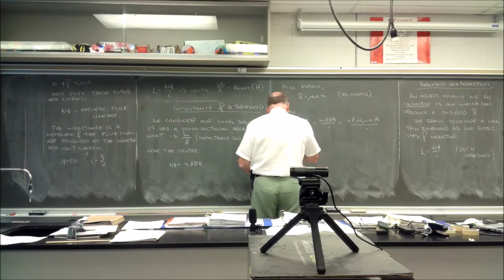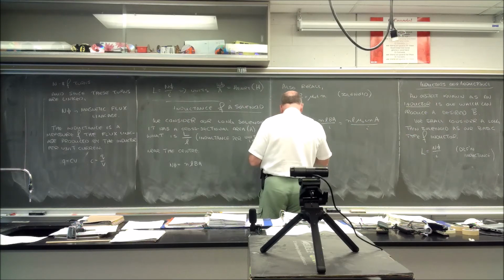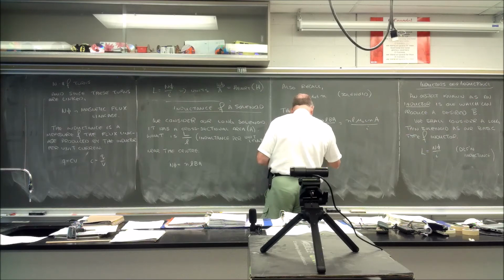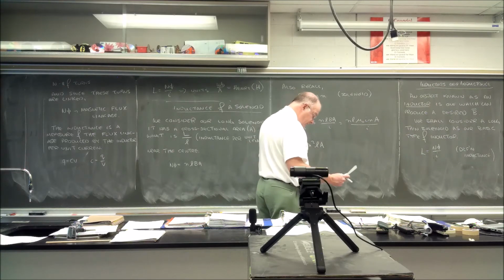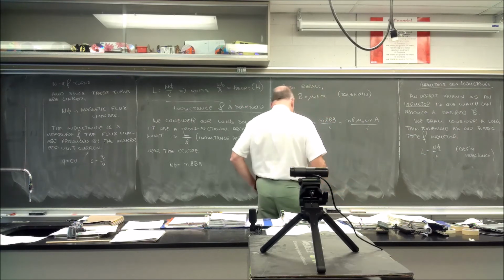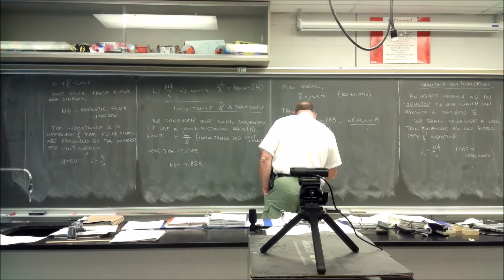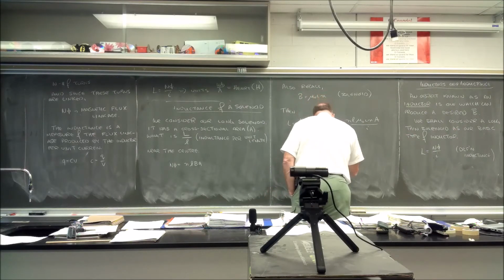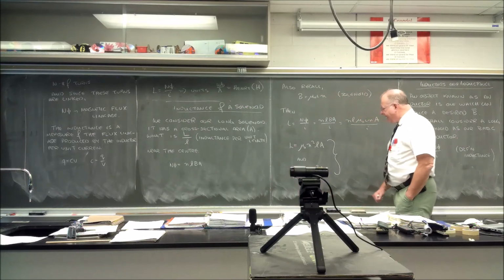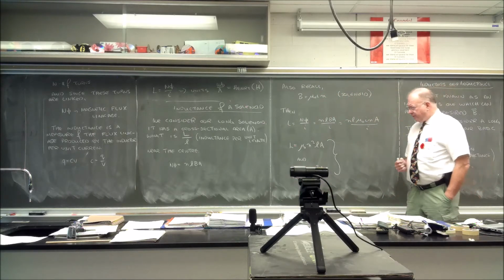So then L will be equal to mu naught n squared L A. And then L over L would be equal to mu naught n squared A. And so in this, we want to look at what matters here.